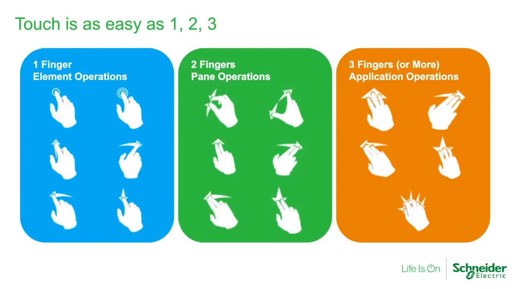And then three-finger operations are more application-based. When I swipe anywhere on the screen down, I bring in the menu from the top. If I swipe left, I swipe in the menu from the left. These swipes make menus appear, and are system type, application type interactions. So that's how we broke up our gestures.